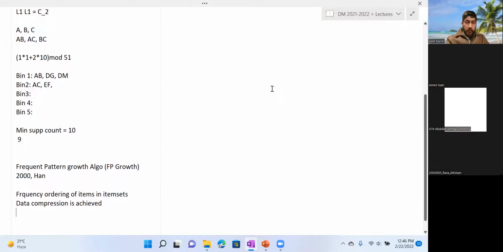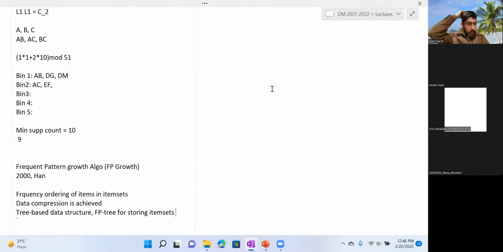Another reason for the data compression is that it uses a specific tree-based data structure, which it calls the frequent pattern tree, for storing item sets. In this tree, of course, the frequency ordering is utilized.